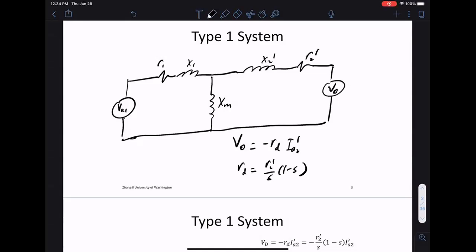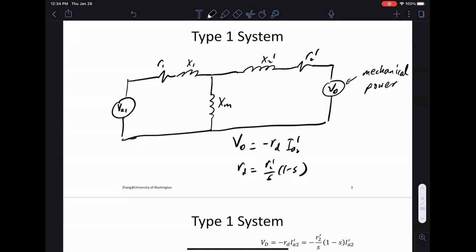What you can think of is we're getting mechanical power from the blade, and this creates a negative slip, which creates a negative resistance, and we generate power from this circuit.